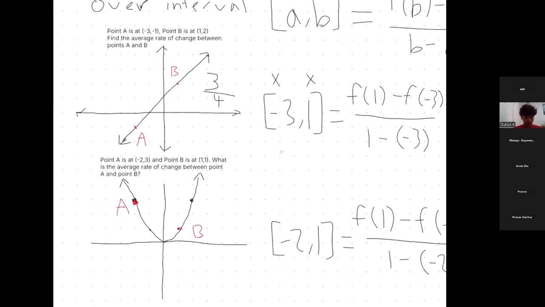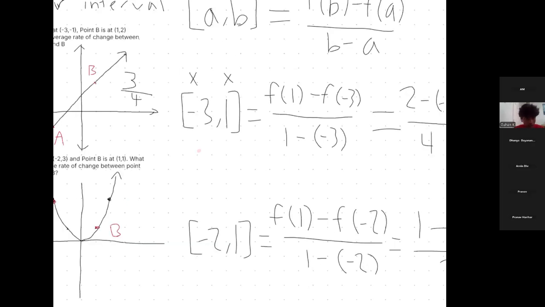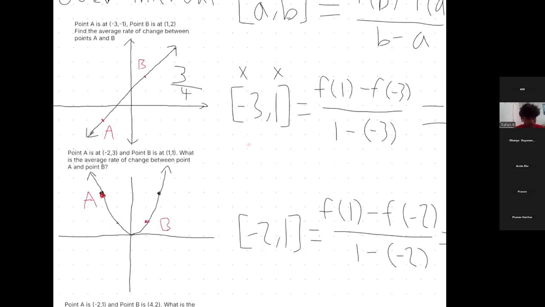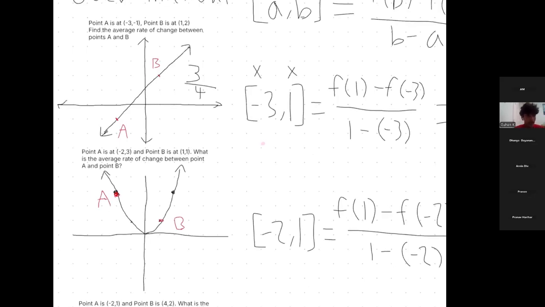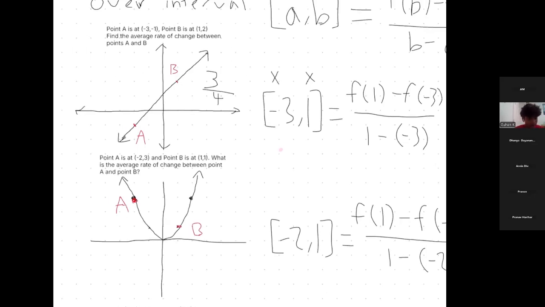So f of 1 is just going to be 1 because when x equals 1, point B is at 1 comma 1, which means when x equals 1, y also equals 1. So that's why we have 1 over here. And then for f of negative 2, the y value is 3 because point A is at 3 when x equals negative 2.